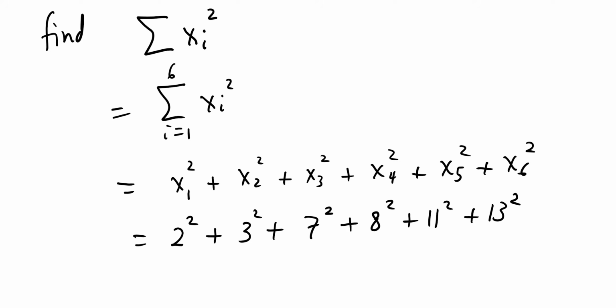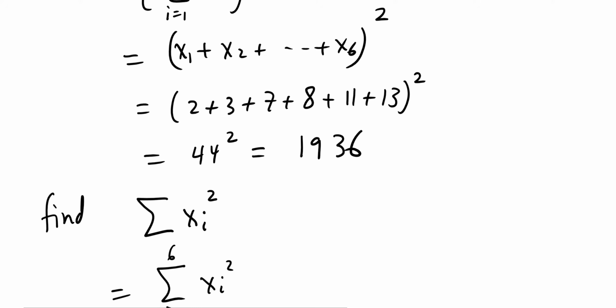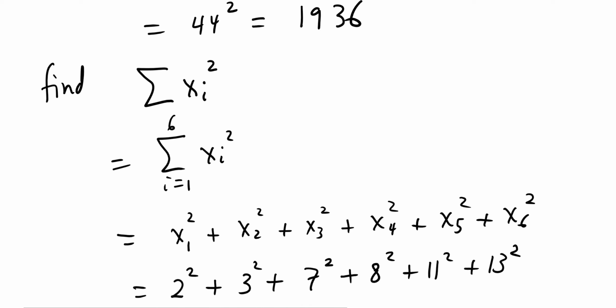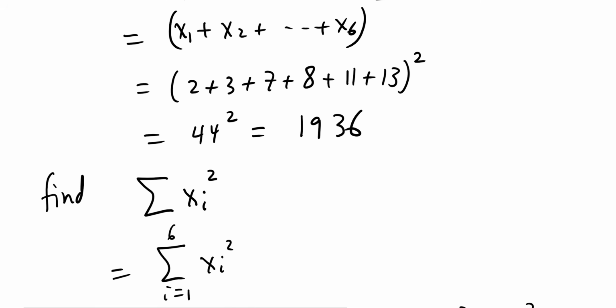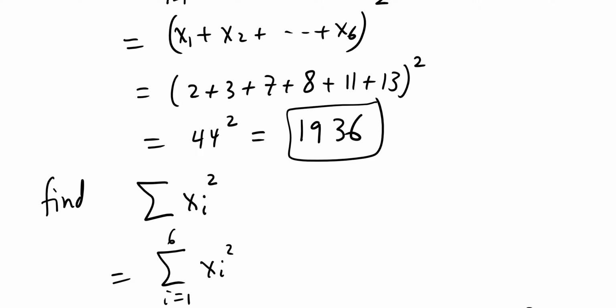So notice the first one, we had to sum up all, then square the result. Here, we square each one of them, and then we add them up. So that gives us 416. Notice the two answers are not the same: 416 and 1936. So that's the difference.